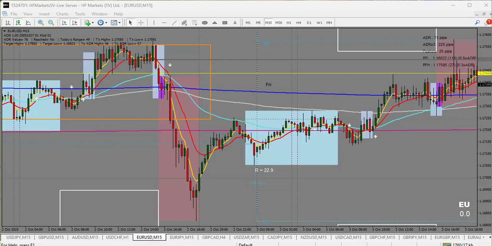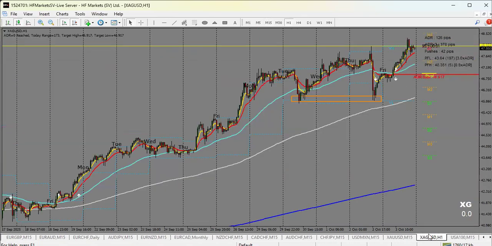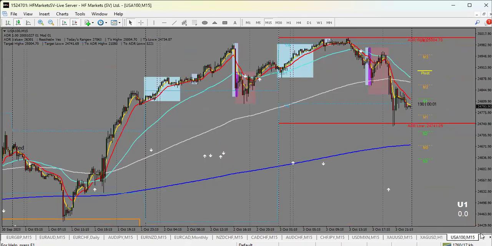And we did understand the mood this week, and we took a few trades. We also looked at how these safe haven assets were performing, like gold, silver, and the same for the Nasdaq 100 and even the S&P 500.